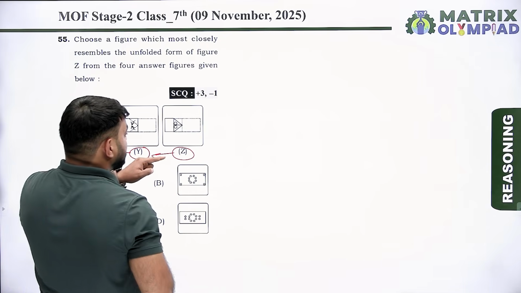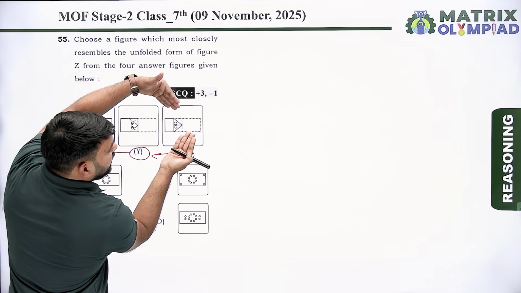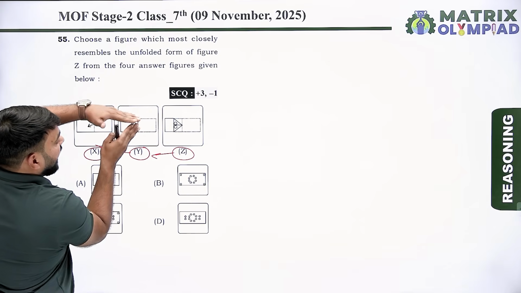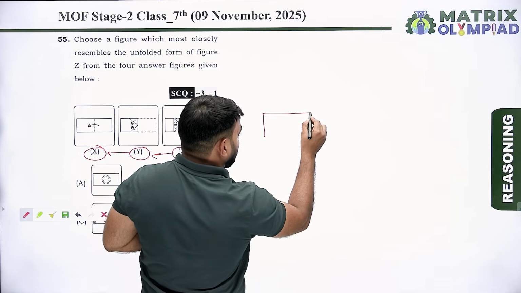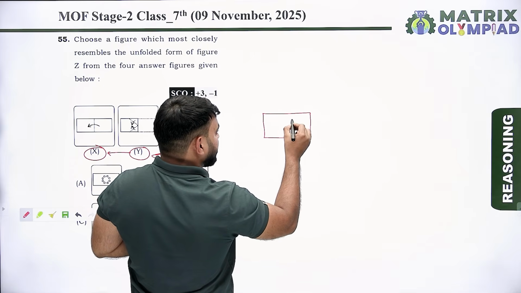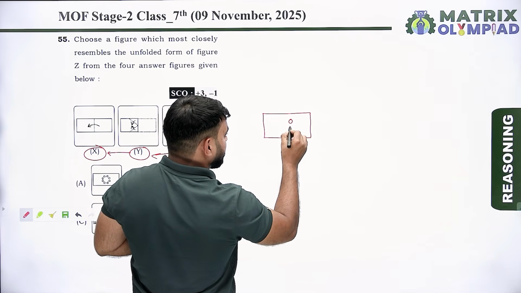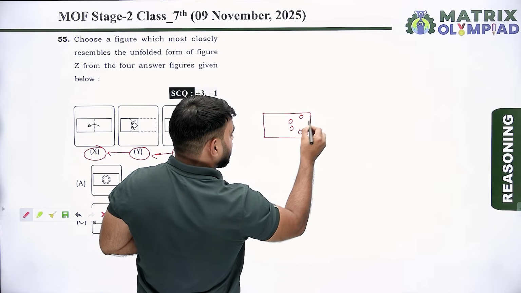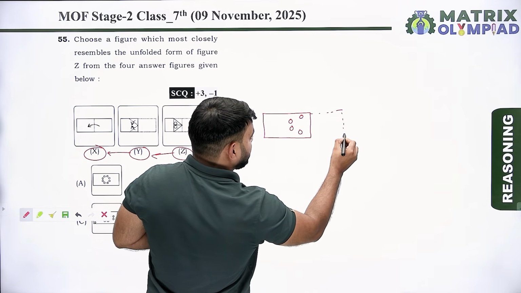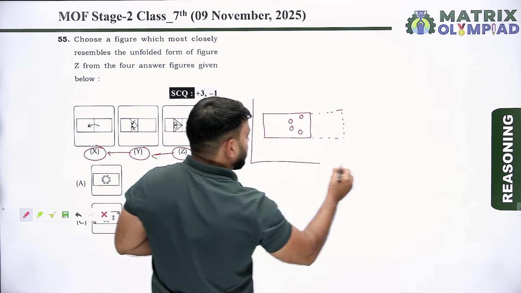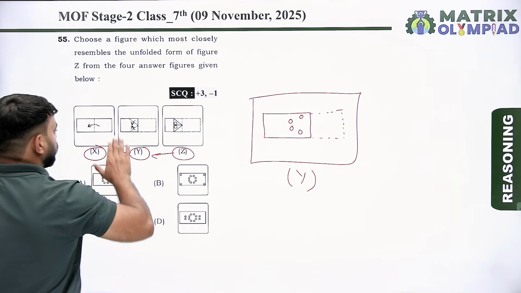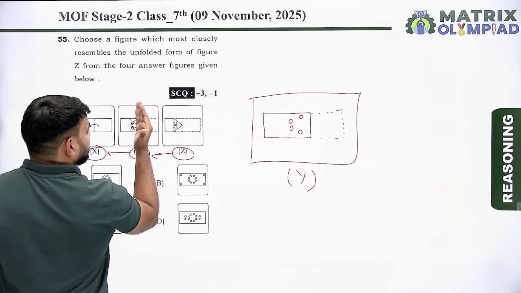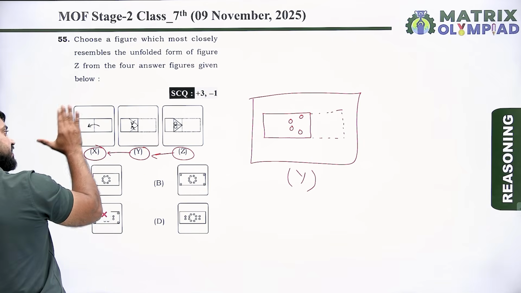So first unfold the Z. Z will be unfolded in this direction because Y has been folded in this direction. If we unfold the Z, then we get an image something like this, and this is the folded part, and this is the Y. Now unfold the Y. Y will be unfolded in this direction because X has been folded in this direction.